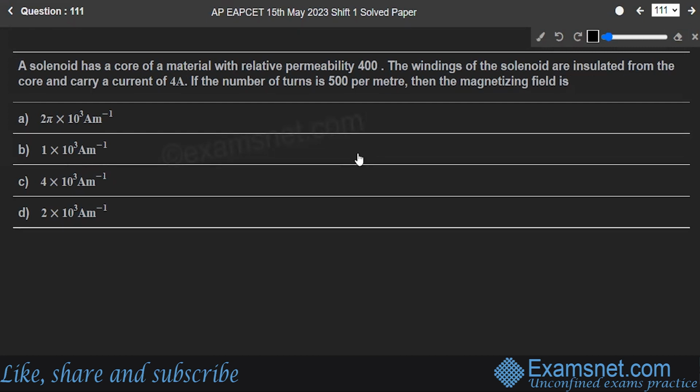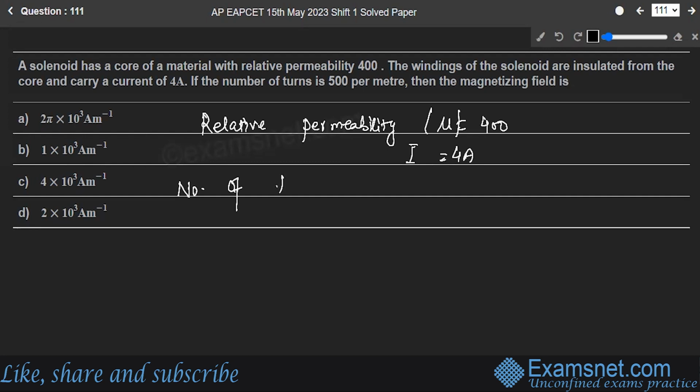See, here you have the relative permeability as 400 and the current is 4 amperes. The number of turns per meter is given to you as 500.